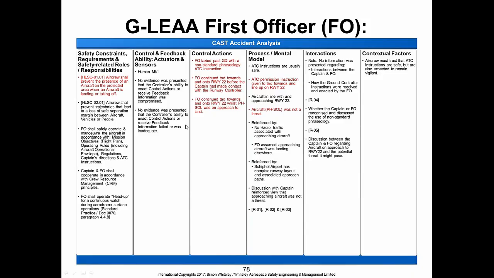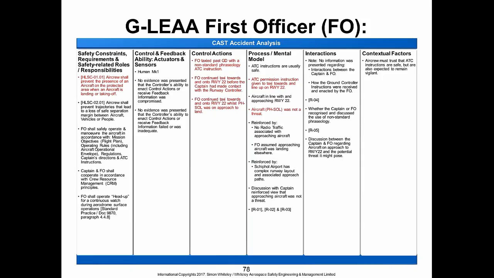Now with regards to control and feedback ability, all of the controllers that I've selected to analyse as part of this case study are humans, human Mark 1s. Now there was no evidence presented in the incident report that their ability to enact control actions or receive feedback information was compromised. So for example, if the co-pilot or the captain of Gilia had a bad ear or a bad headset, for example.